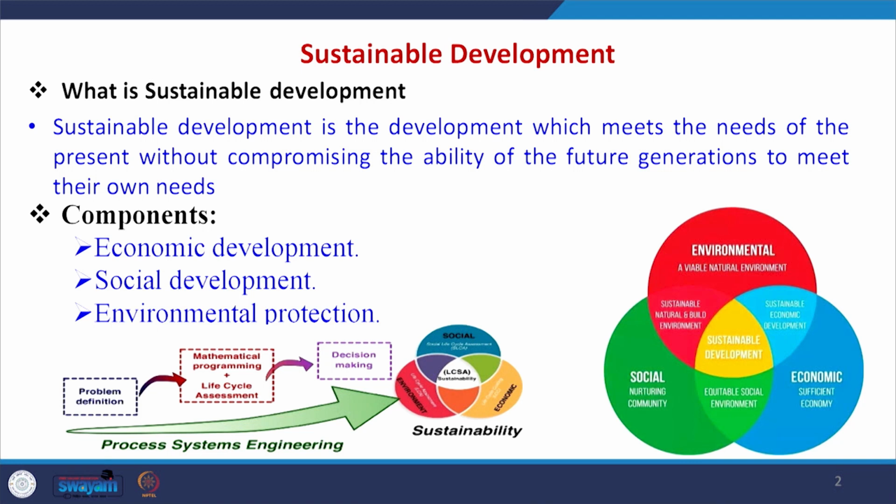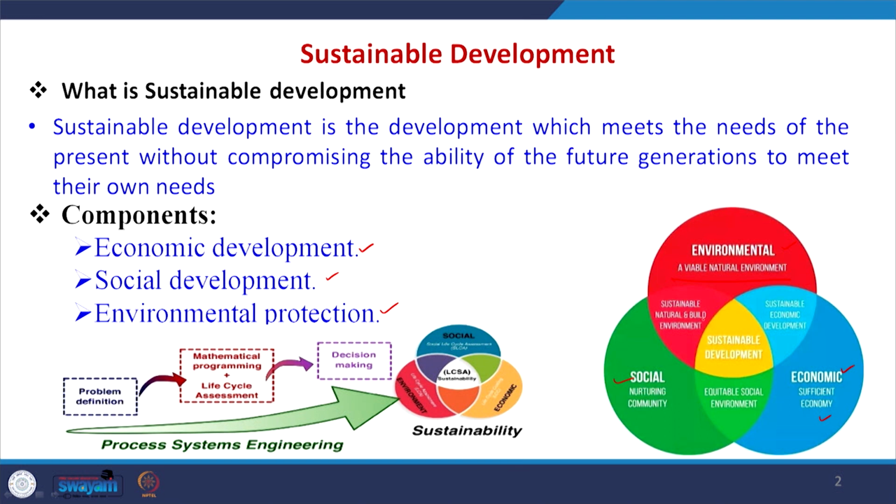Within sustainable development there are three components: the economic development, the social development and the environmental protection, and these are highly interrelated with each other. So, we will try to see that we have a viable natural environment, whereas the economic development will try to see that we have sufficient economy so that everybody has economic prosperity. Similarly, the social development will require that we have a nurturing community.